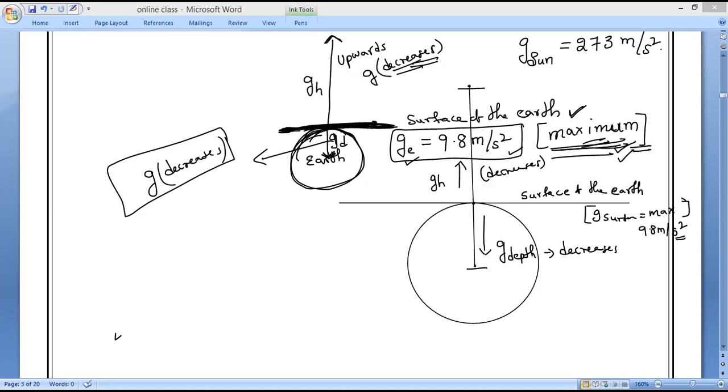It decreases on going above the surface of the earth, or on going inside the surface of the earth.